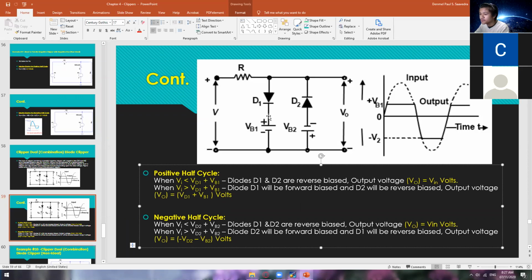As a result, V sub O is equal to V sub I. Ah, I see. It will affect. However, let me take a look at this one. V sub I is, let's say, positive. It will be completely reverse biased.